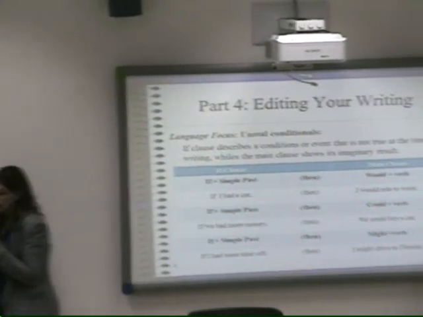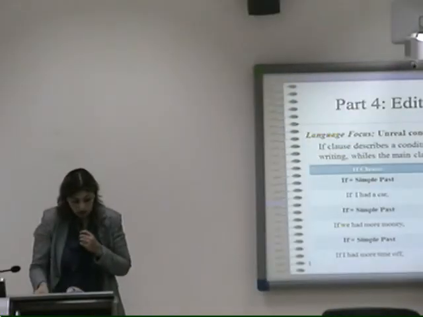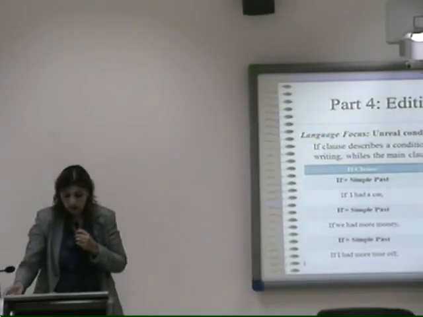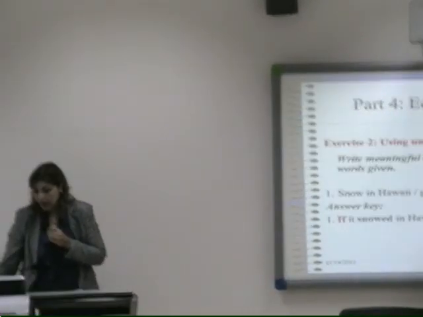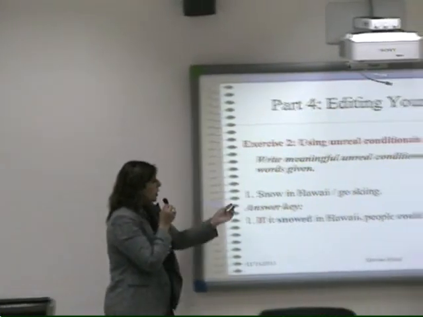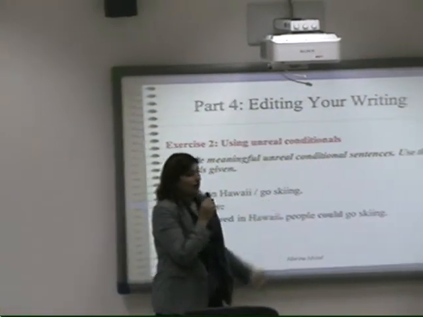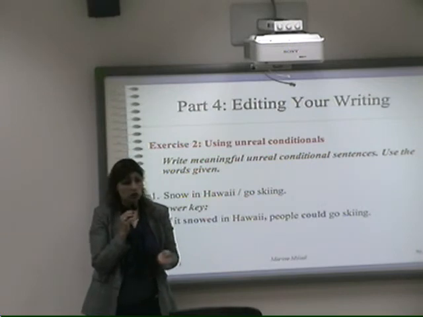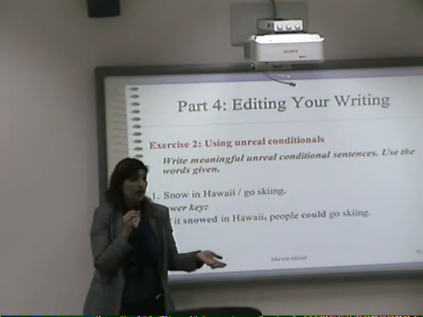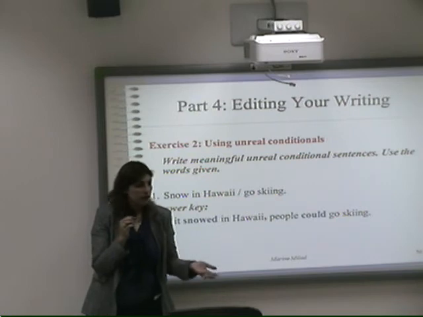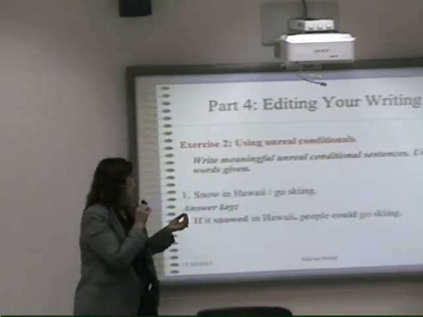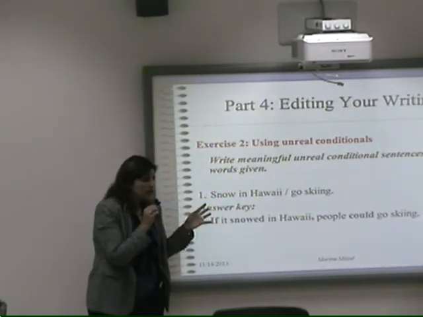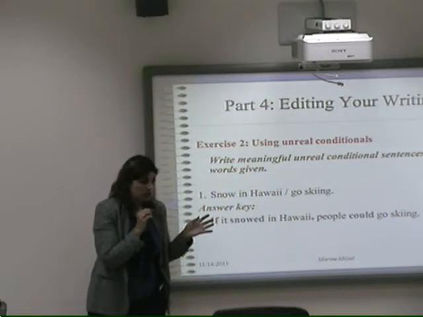Okay? Now let's practice this on page 78. The first one is snow in Hawaii. Does it snow in Hawaii? You know where Hawaii is? Okay? Very hot place, nearly tropical. So, again, it never snows in Hawaii.